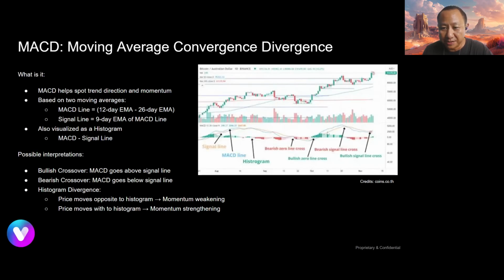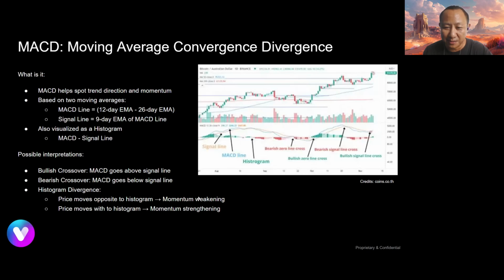But you also can use the histogram to identify what the momentum is. So momentum, again, is how many buyers and sellers there are in the market, what they are doing, and what their strength is, right? So when the price moves opposite to the histogram, the momentum is weakening. It means a lot of buyers, either buyers or sellers, have exited.